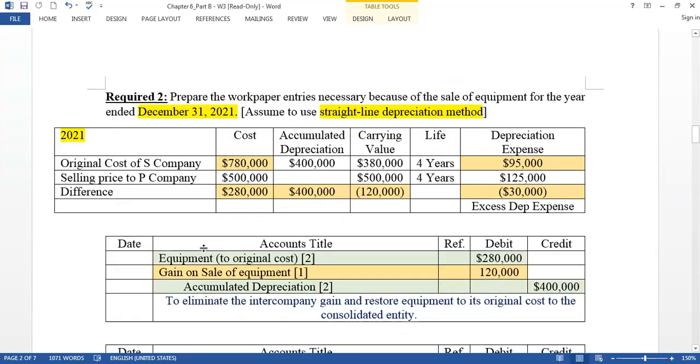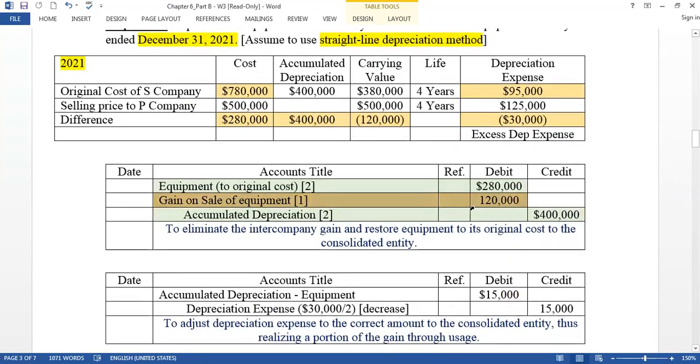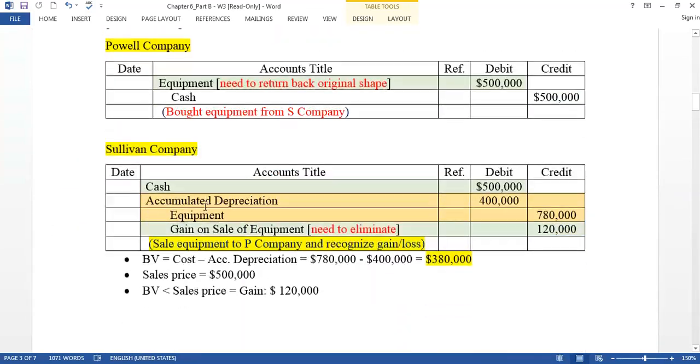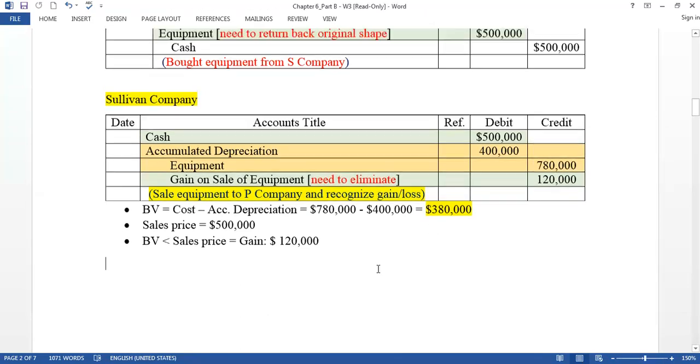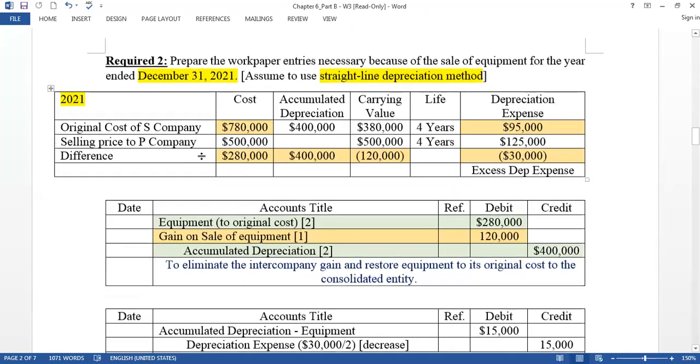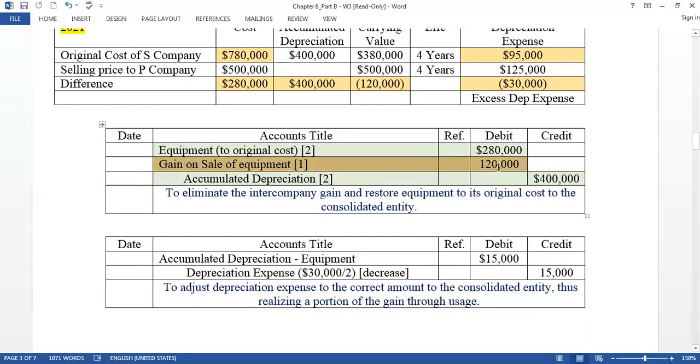But we know that this gain was already transferred to the retained earnings, right? So you have to eliminate from two parts, one from the subsidiary account and another from the consolidated. From the subsidiary account, we already eliminated the gain, right?